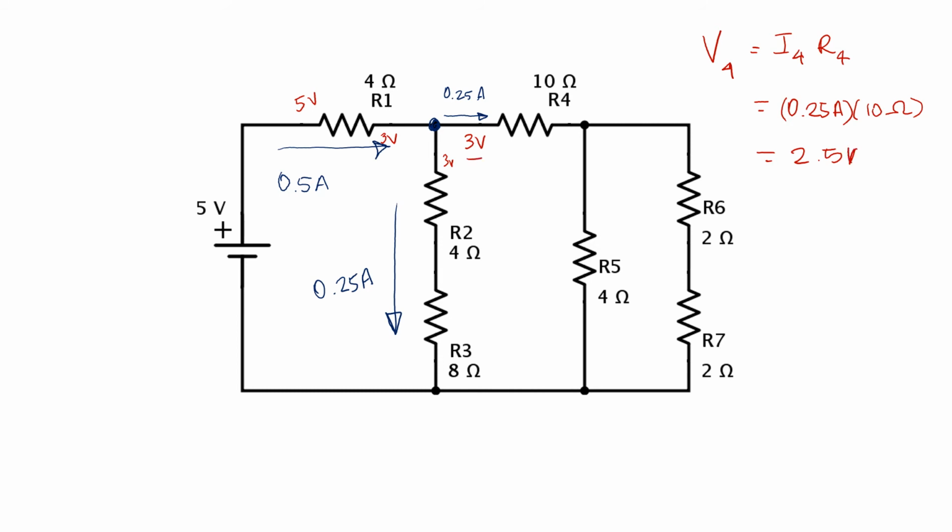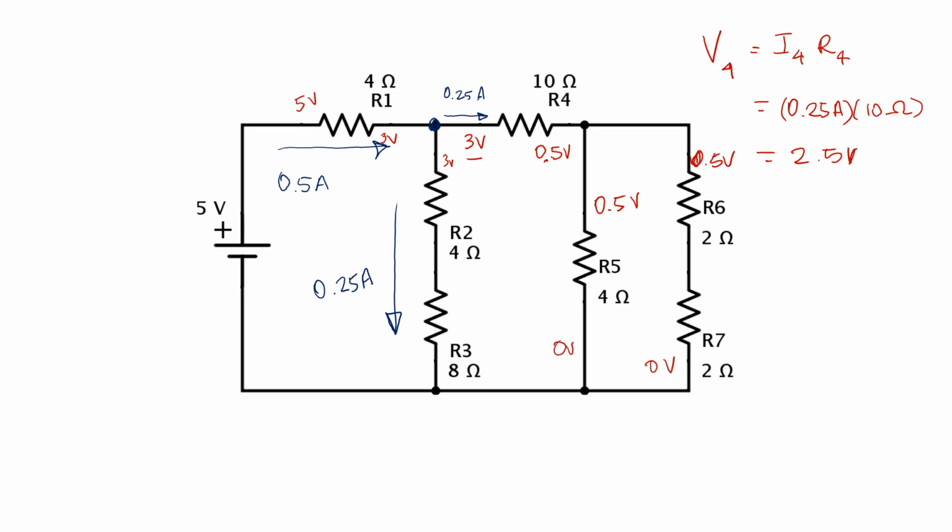So if this side is 3 and I drop 2.5, I've got a half when I get to the other side. So this next section starts out at half a volt, and half a volt delivered to these two pieces. 0 on the bottom.